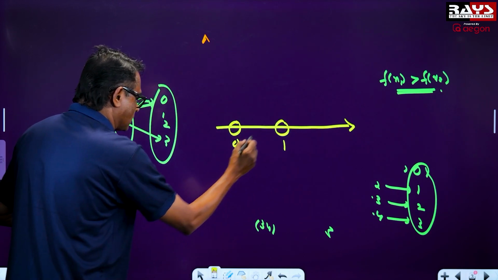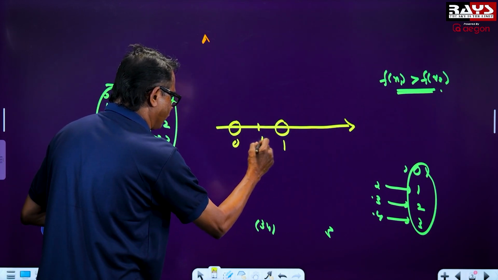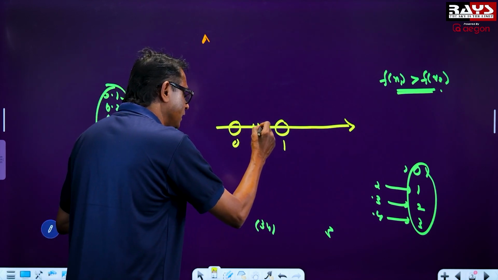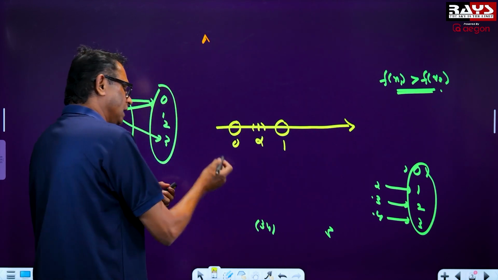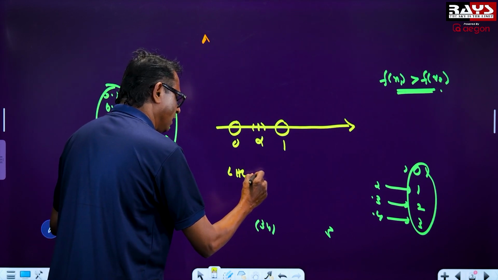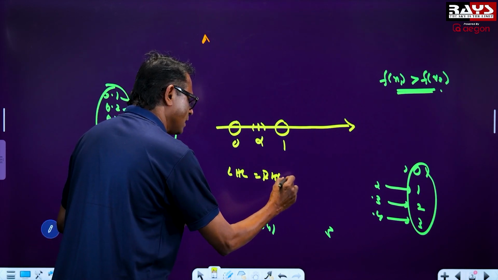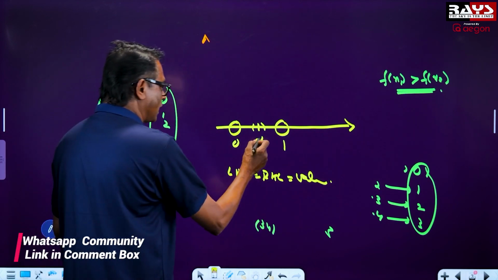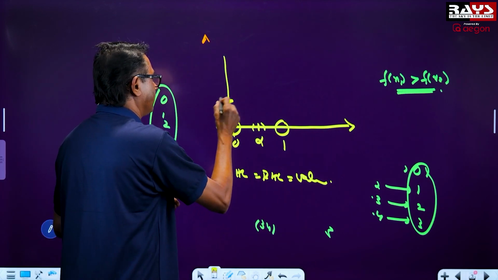Continuous means what? Suppose I take an element, say alpha, in between 0 and 1. Then the left hand limit of alpha and right hand limit of alpha should be equal to the value at alpha. Suppose the image of alpha is say 1.